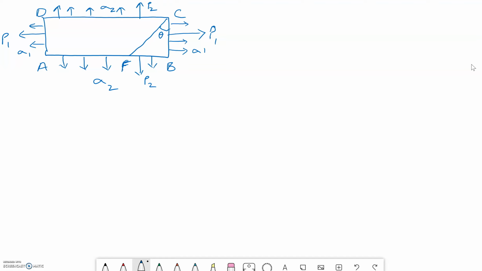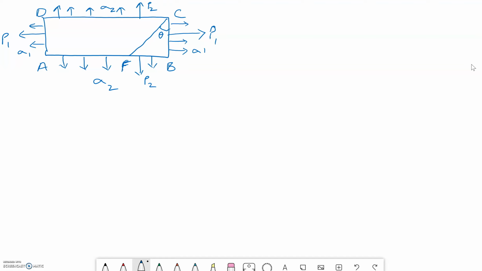Our approach has always been to consider a plane which is perpendicular to the line of action of the force, work out the stress on that plane, and then using resolution of forces transfer that stress onto FC and find out sigma n, which is normal stress to plane FC, and sigma t, which is the tangential stress on plane FC. That is how our approach has been. So let us take that approach.